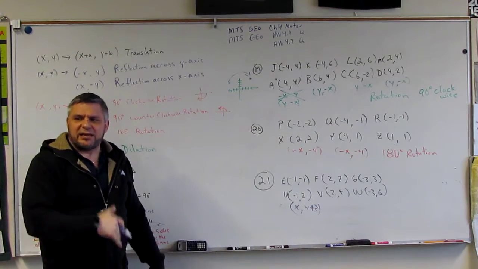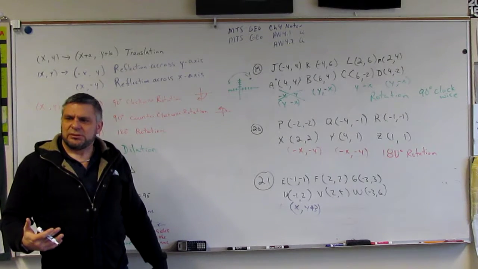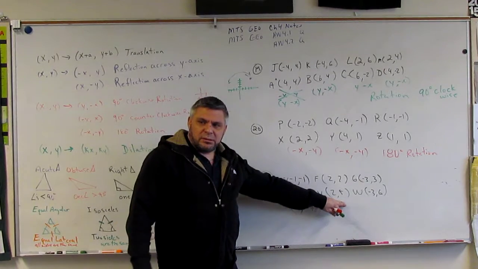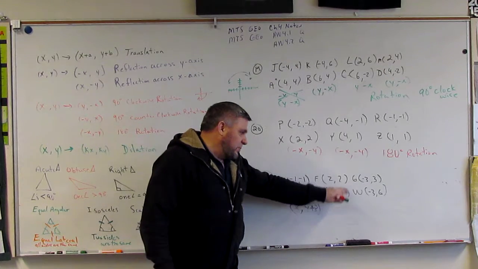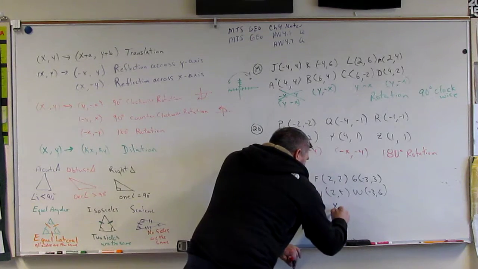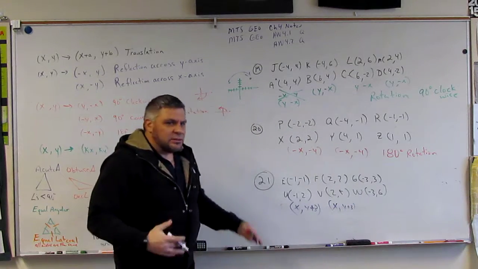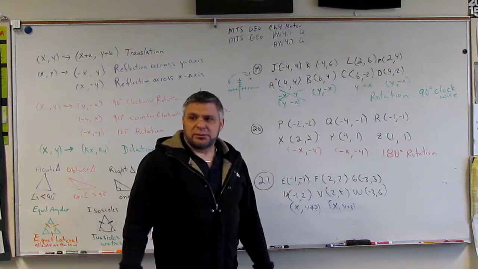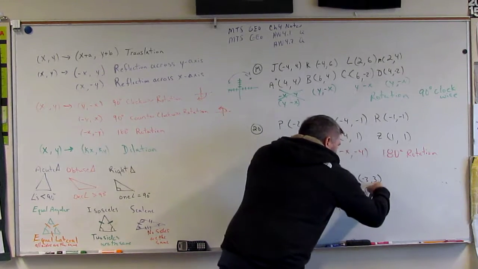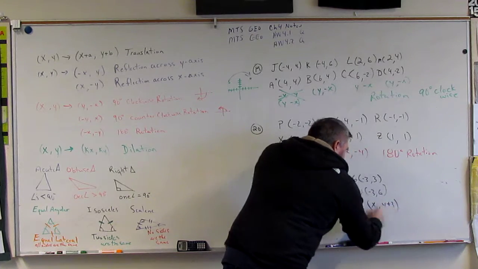And 3 plus negative 1 would be 2. Does that make sense? Would that work here? Is 3 plus 2, 5? Okay? So this is still x, but this is y plus 3. Does that work in the last one? The x's stay the same, but the y plus 3 again, and 3 plus 3 is 6.